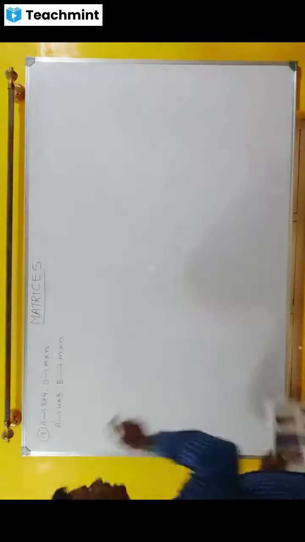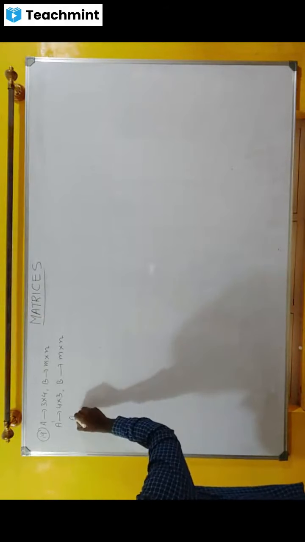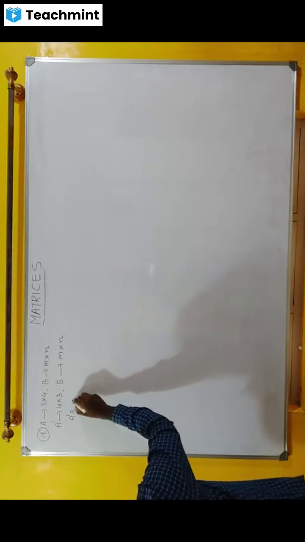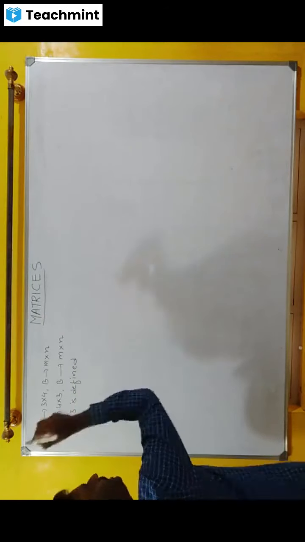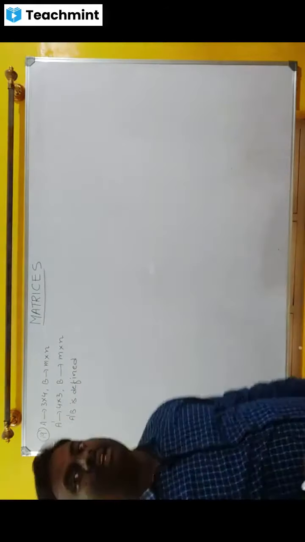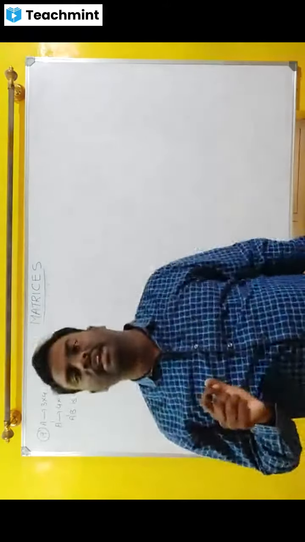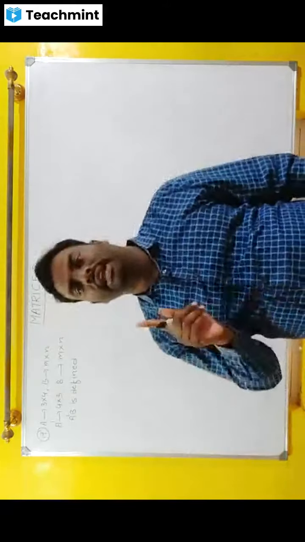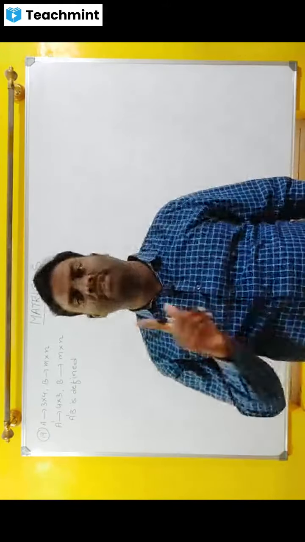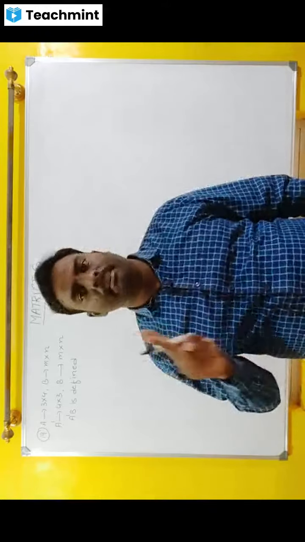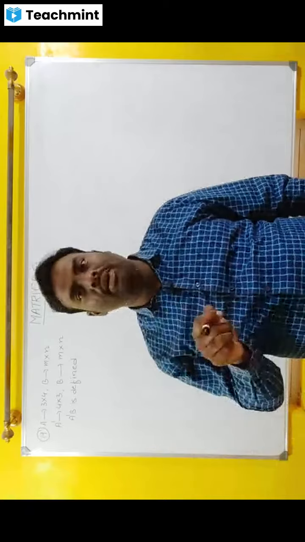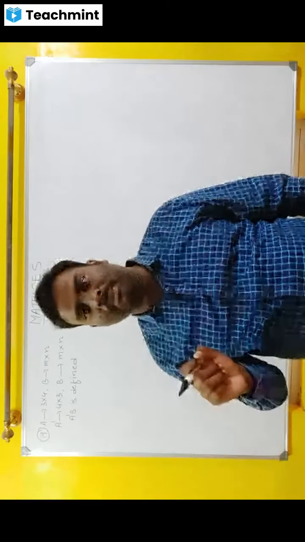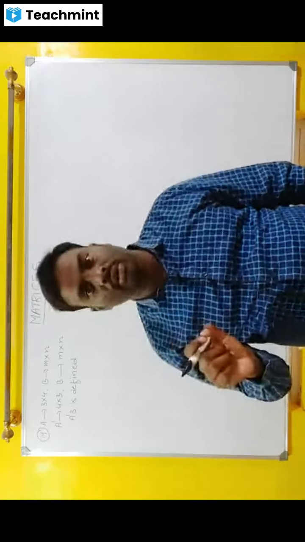In the question, they mention A dash B is defined. When matrix multiplication is possible, the number of columns in the first matrix and the number of rows in the second matrix, both are equal, then only matrix multiplication is possible.